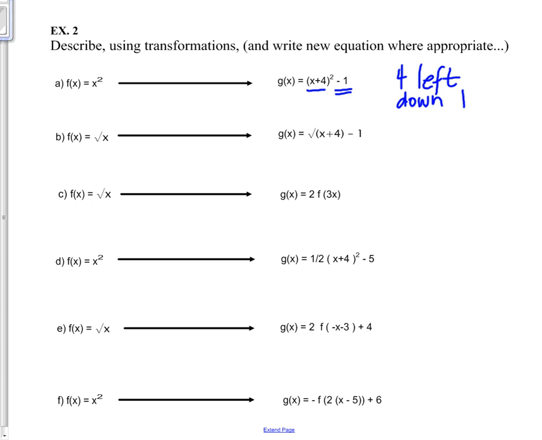B is the square root of x function. If I want to transform f of x to g of x, I have to take my old function and again move it 4 to the left and again down 1.